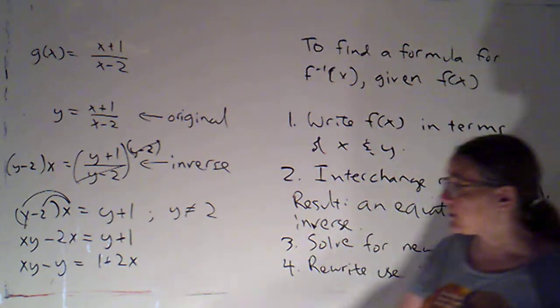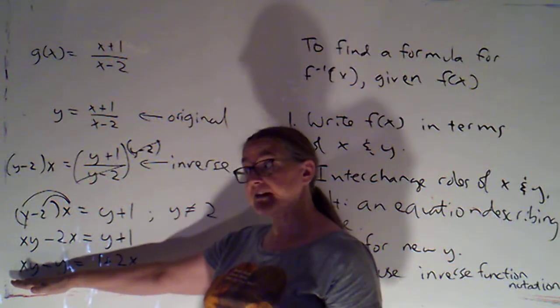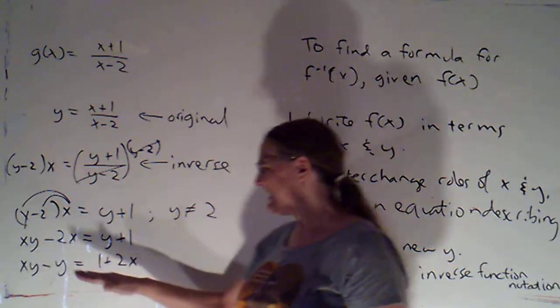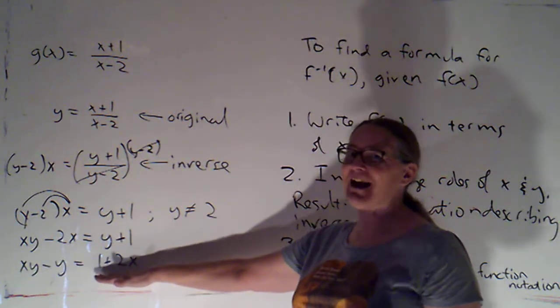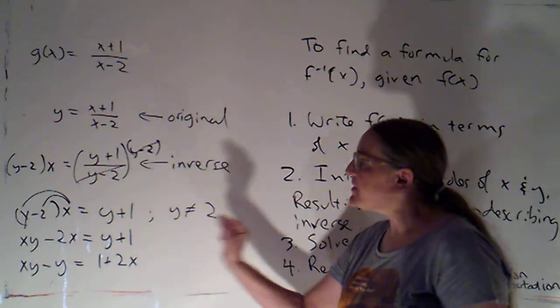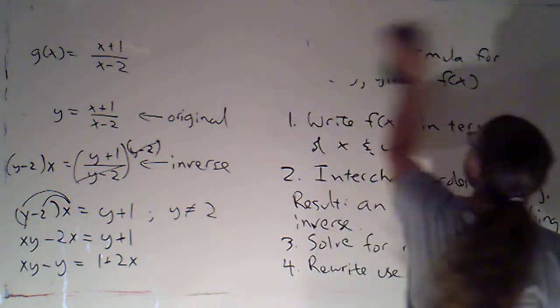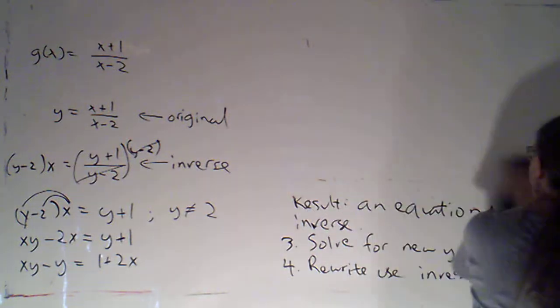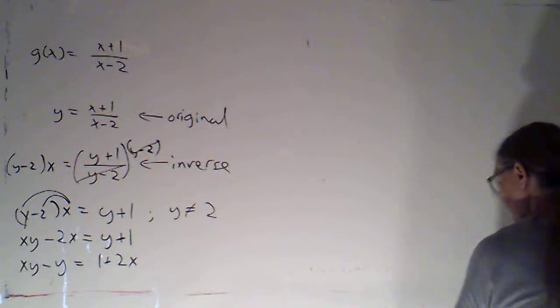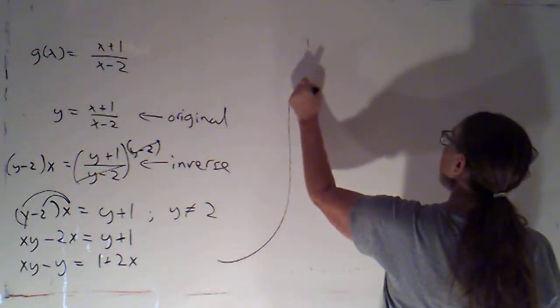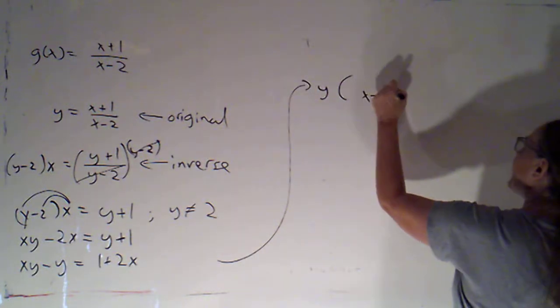Now what I've done there is every term on the left now has a y in it. None of the terms on the right have a y in them. With every term on the left having a y in it, I can now factor out that y. And the beauty of that is when I factor out the y, I'm just writing it once.